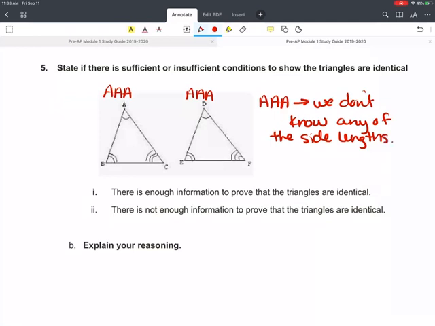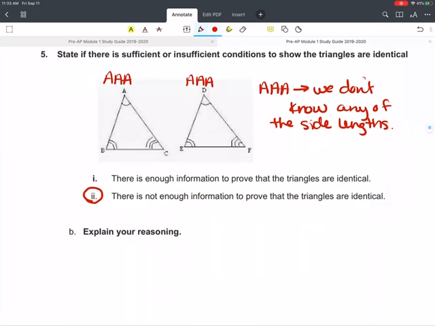So because there's no side lengths, there's not enough information to prove it. So that would be your explanation as well. Explain your reasoning. There are no side lengths given.